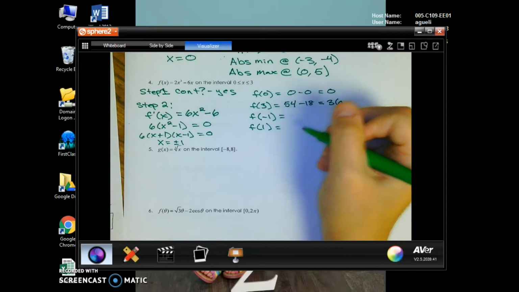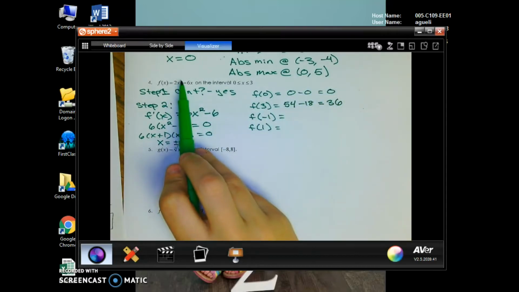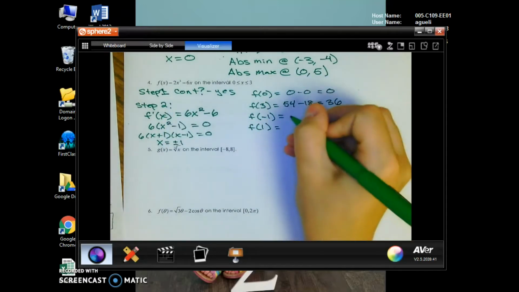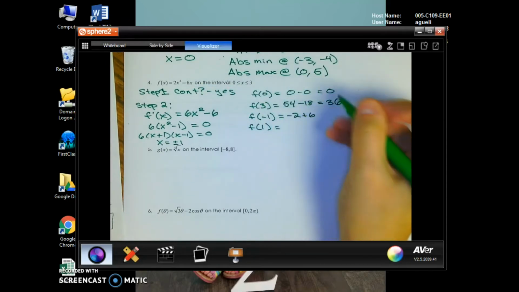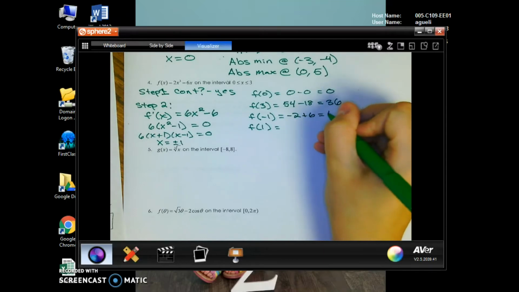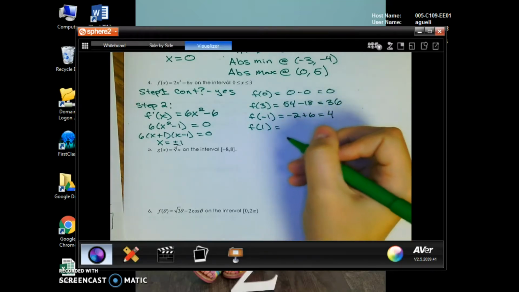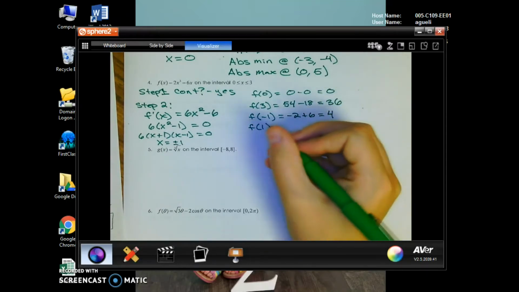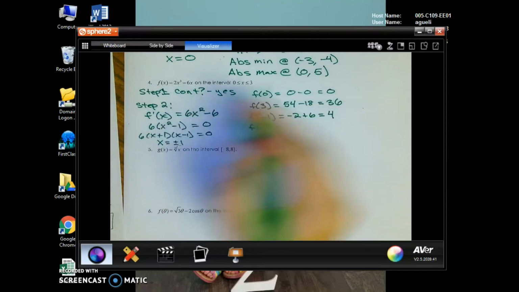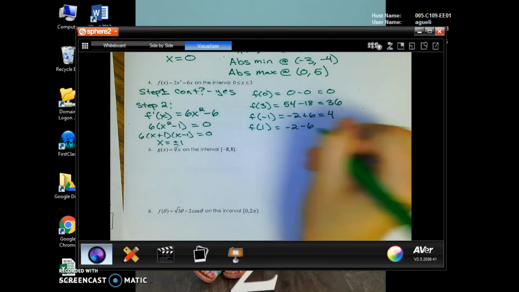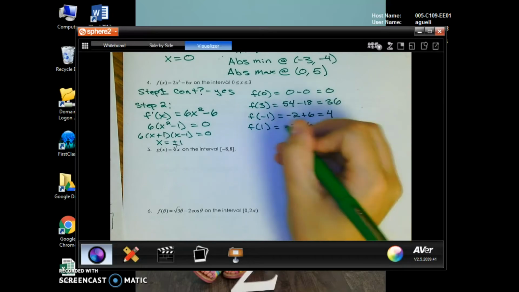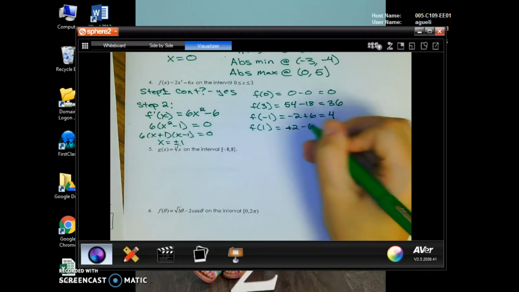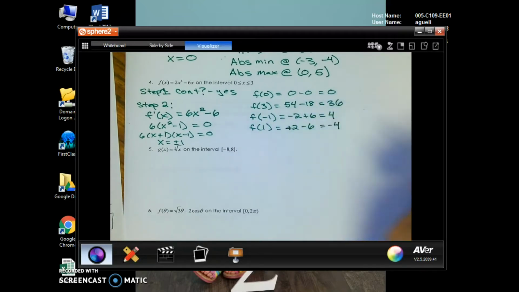And when I plug in a negative 1, negative 1 cubed will be negative, so that'll be a negative 2. And negative times a negative will be a positive 6. So that's going to give me a positive 4 there. And similarly, when I plug in a 1, that'll be 2 minus 6 this time, though. Oh, wait a second, that'll be a positive 2 there. Sorry. And minus 6, that'll give me a negative 4.